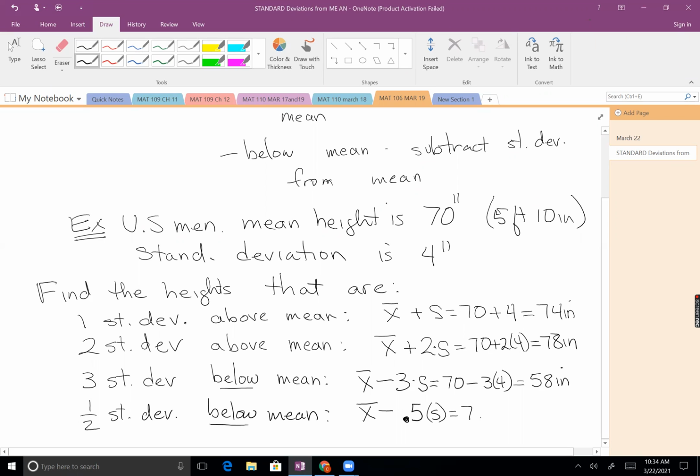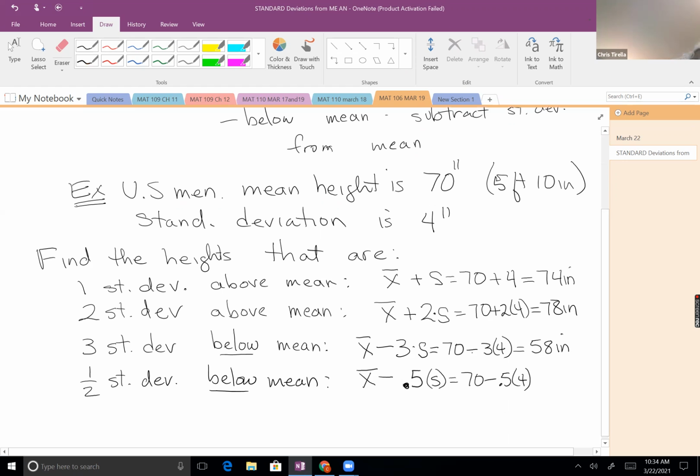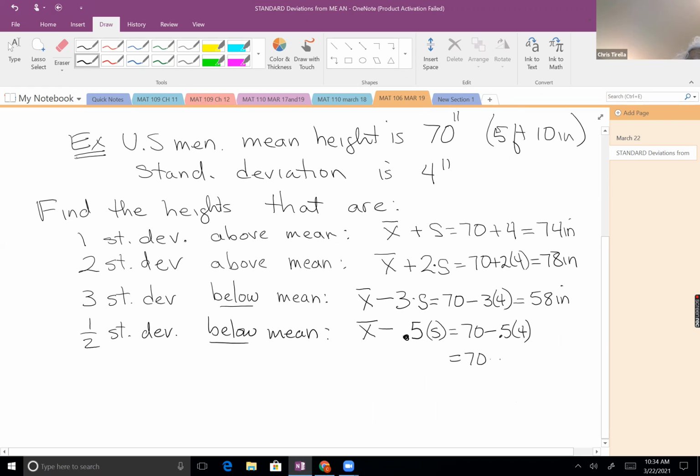So that would be 70 minus 0.5 times 4. Well, 1/2 of 4 is 2. So that would be 68 inches. And this idea of finding standard deviations above by adding or below by subtracting from the mean. Okay.